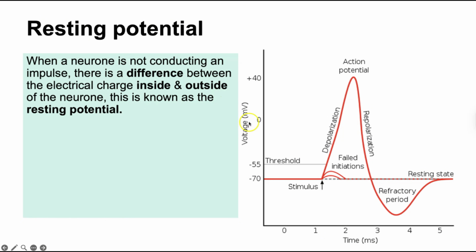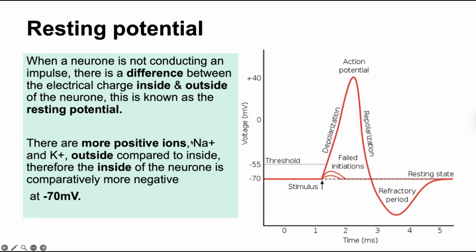And that difference in voltage is our resting potential. So there are more positive ions, so sodium ions and potassium ions, outside compared to inside, and therefore the inside of the neuron is comparatively more negative at minus 70 millivolts, and you do need to know that value.